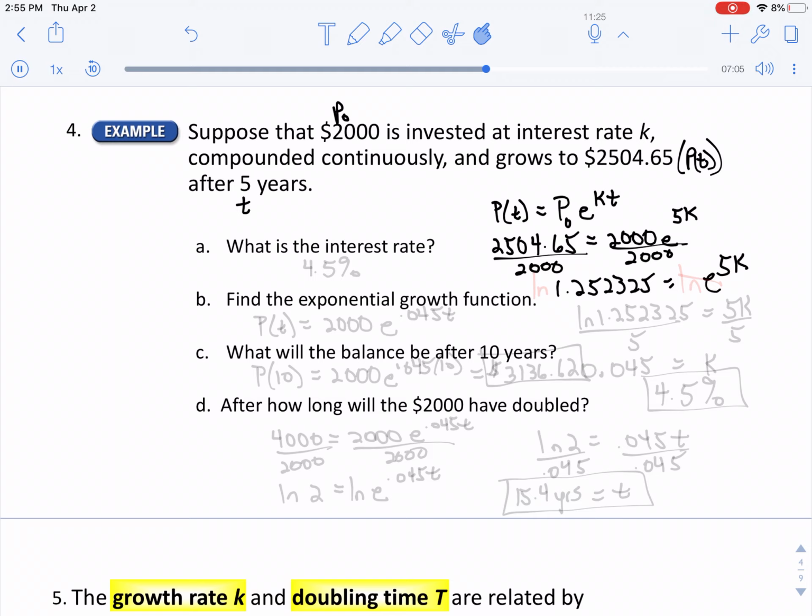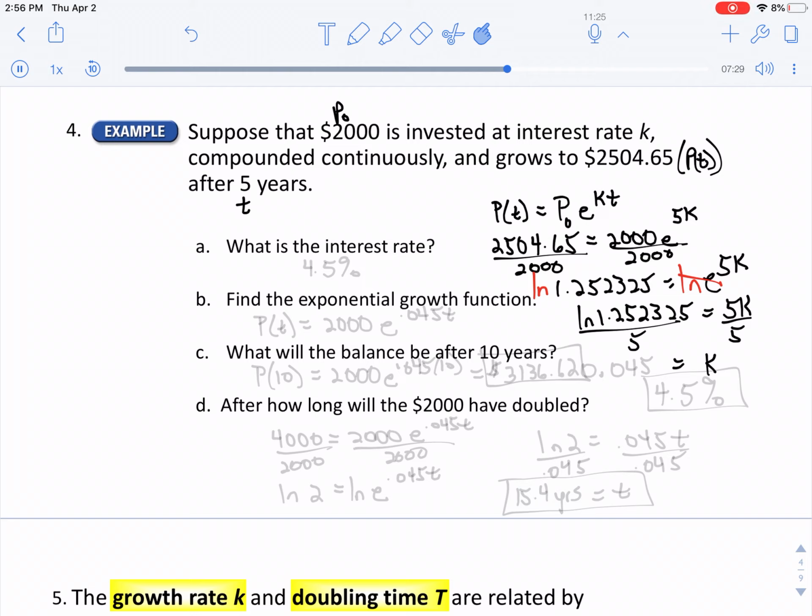Now I'm going to ln both sides, so I can get rid of that e, and then that goes away. So I've got ln of 1.252325 equals 5k.